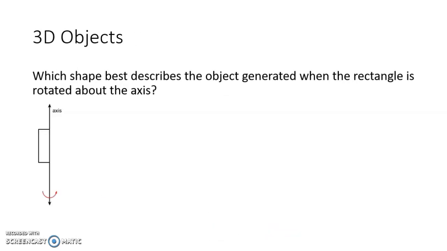All right, for 3D objects, so 2D objects rotated around an axis to get 3D objects, make sure you guys have your notes available from what we took in our Class Connect. In this case, we have a rectangle being rotated around an axis. Notice that it's touching it, so it's going to make a solid cylinder. If it wasn't touching the axis, it would be a hollow cylinder.